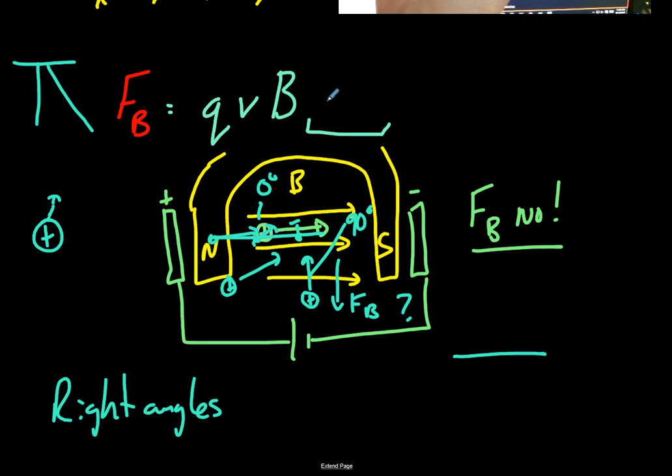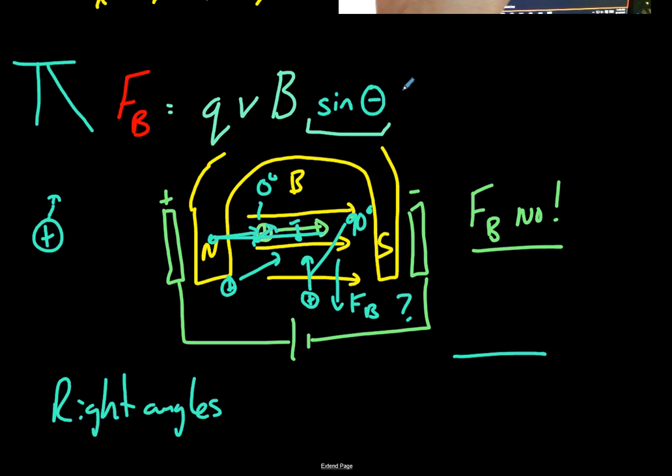I get full force when I'm going at 90, so I'm going to append onto here this little thing, sine of theta. What that does is moderate how much of the FB is actually being created, by what fraction of 90 degrees is actually interacting with the field.